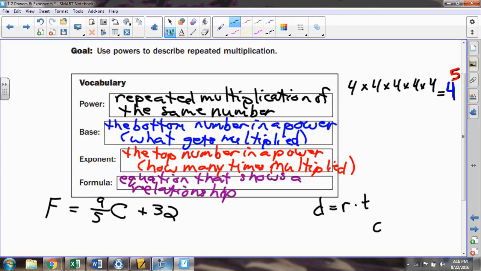Another really common one, especially for physical science, the density of something is equal to the mass divided by its volume. These are all examples of formulas. Each formula is comprised of variables, and we know that we can substitute in for variables and evaluate.